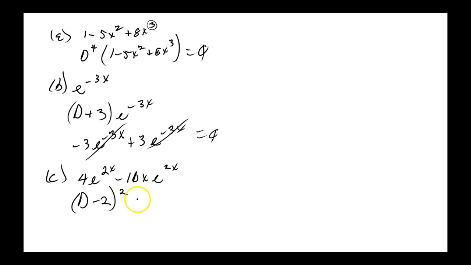This would be the same as d squared minus 4d plus 4 operating on this function, 4e to the 2x minus 10x e to the 2x.